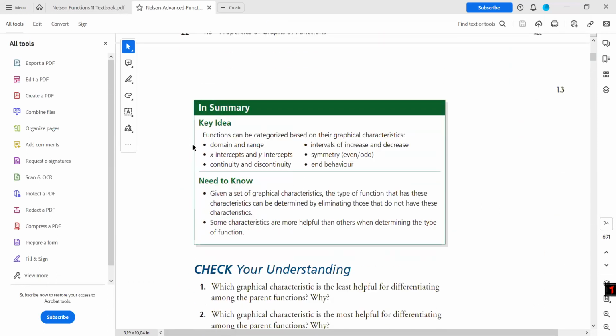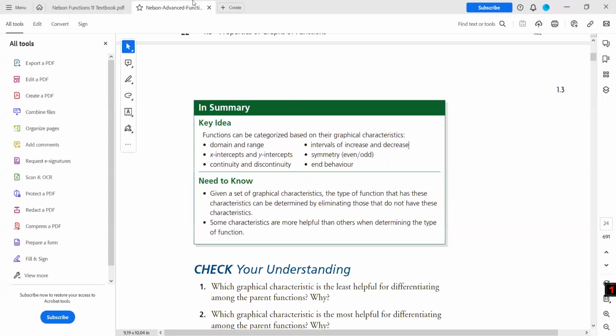Let's write down the key summary of what we learned today. Functions can be categorized based on their graphical characteristics: domain and range, x-intercept and y-intercept, continuity and discontinuity, intervals of increase and decrease, and symmetry, whether we have symmetry over the origin or the y-axis.